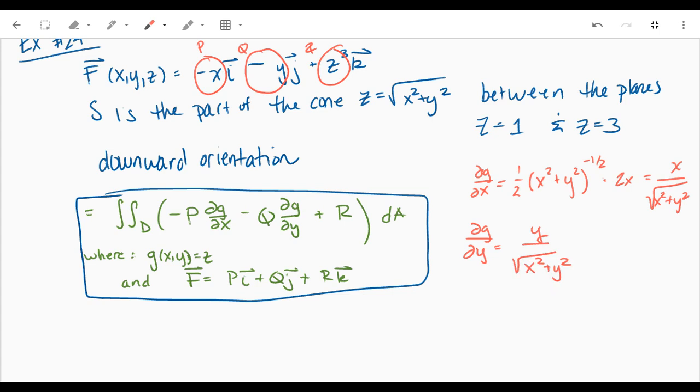Okay, and then the fact that we had downward orientation. So we're going to have negative integral over D. We'll talk about that in a minute.